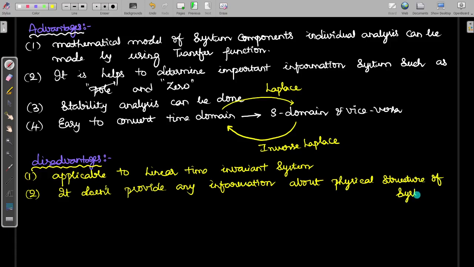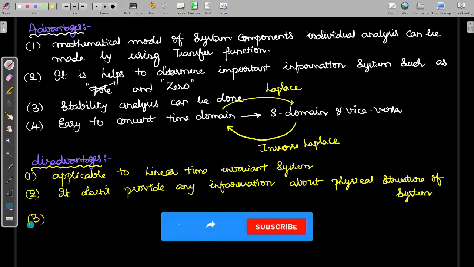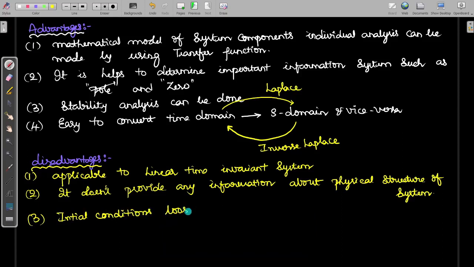Another important point, the third one, is that initial conditions are taken as zero, so initial conditions lose their importance. That is another disadvantage of the transfer function.